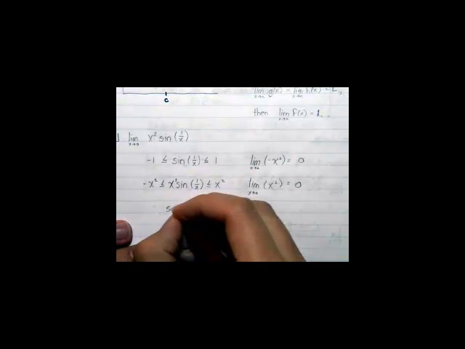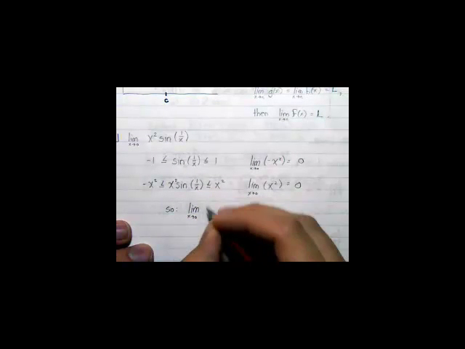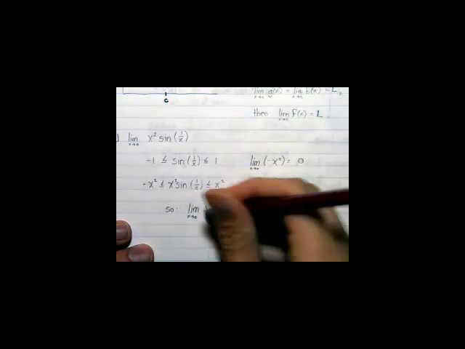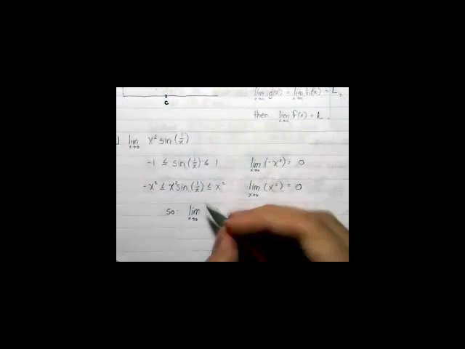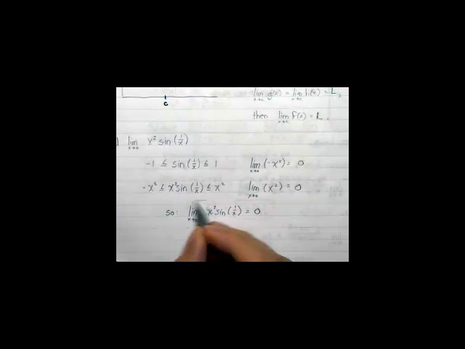So based on that fact, both of these two limits equaled 0. Therefore, the limit as x goes to 0 of f of x should equal, what? 0 as well. Yep, it's got to be the same thing. So this would be the limit as x approaches 0 of x squared sine 1 over x equals 0.